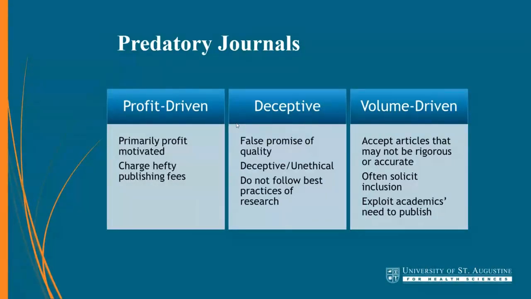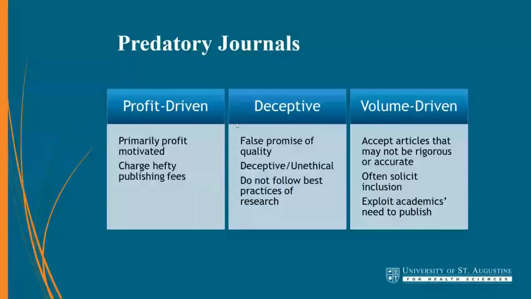But there came to be recognized this movement of really deceptive practices and these flash-in-the-pan journals that may exist for 6 months while they roll in some money, or they may charge these fees and then the journal disappears. They may promise to publish it, they may promise peer review and rigorous editorial practices, but they don't actually adhere to that.